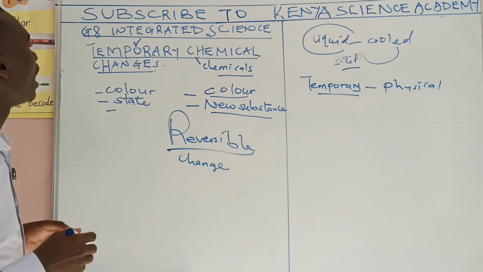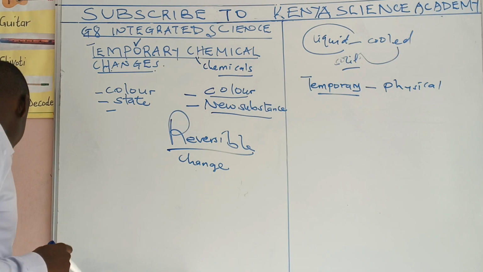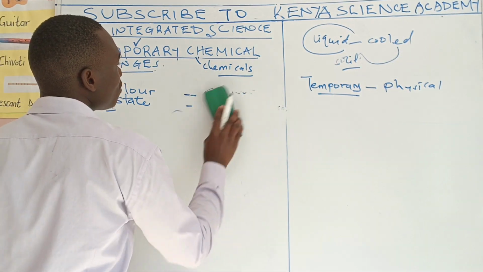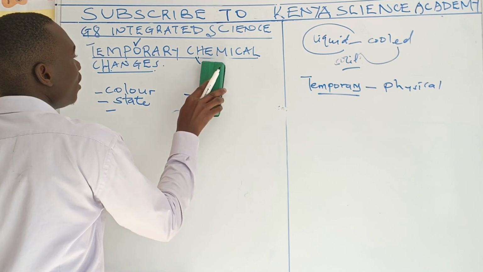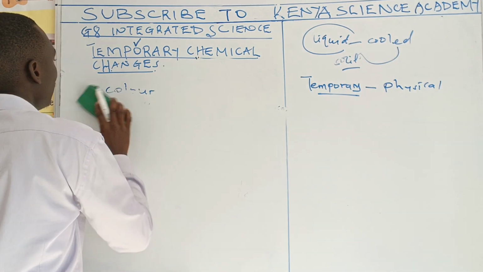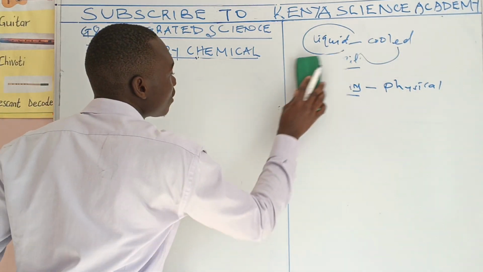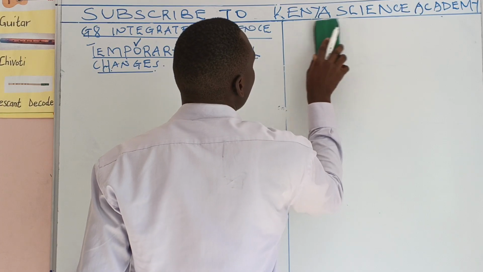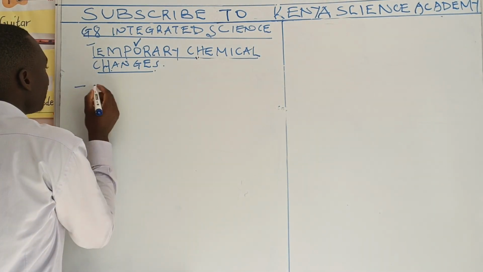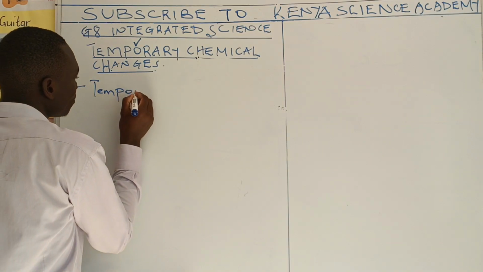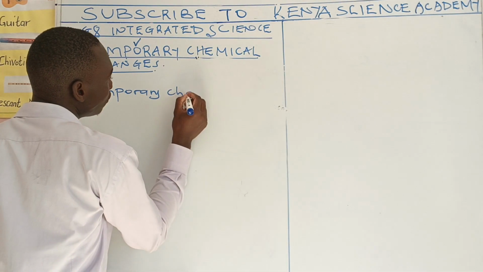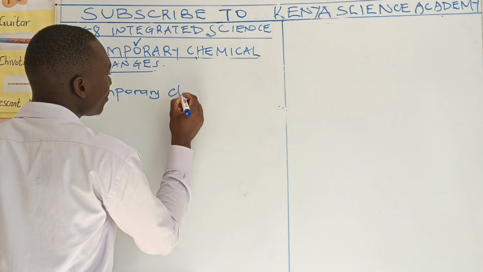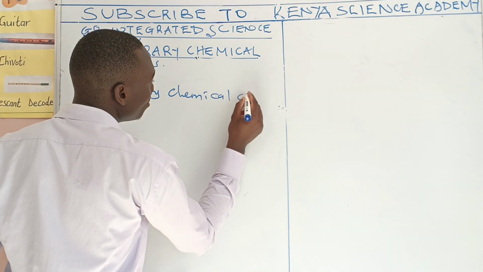Hope you understood. Now, temporary chemical changes. These are changes in which there is formation of a new substance, there is change in mass, and they are reversible. So we can say temporary changes. Temporary chemical changes or chemical temporary changes still mean the same.